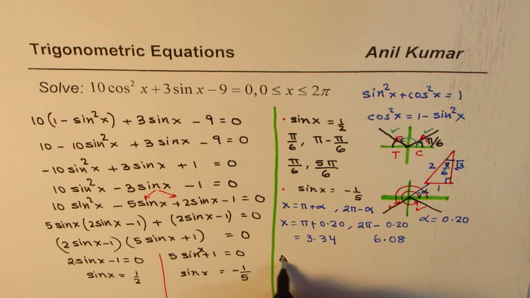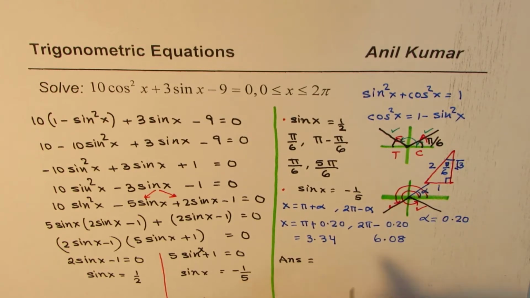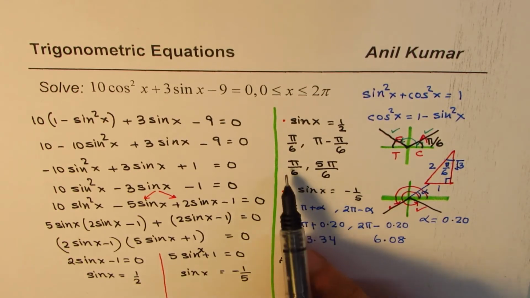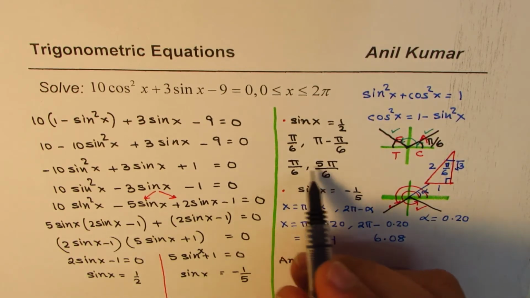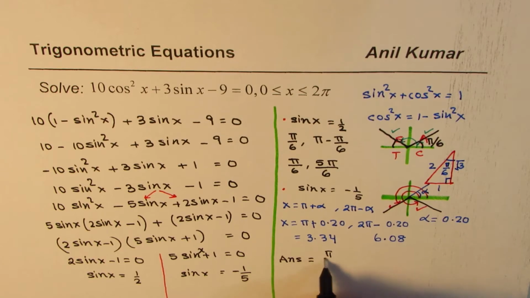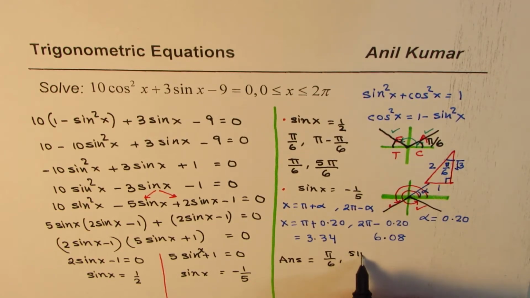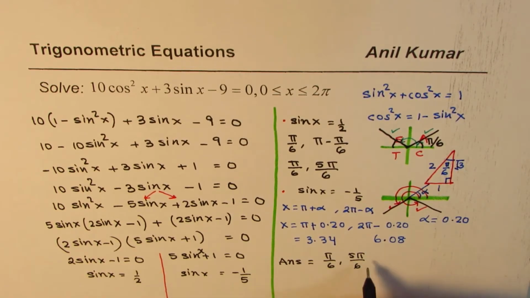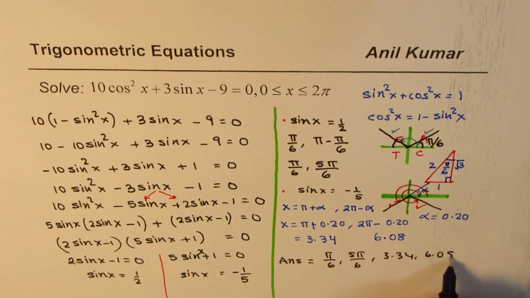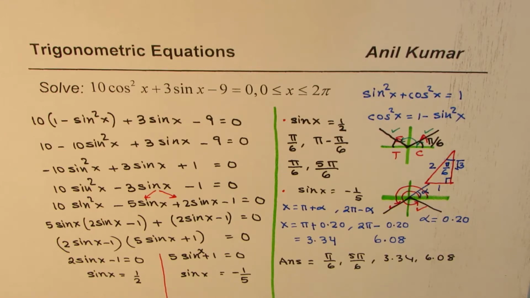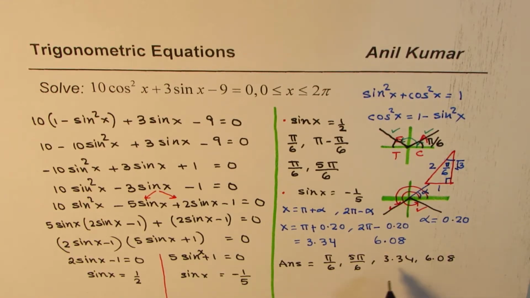The answers will be, so we can write, actually you could write all this in, because we got some in decimals anyway. Now let me keep them in exact form. Pi by 6, 5 pi by 6, this is from that one, and here we have 3.34, 6.08. However, it is preferred to write all of them in either exact form or decimal, right? So you can actually write them all in decimal form in your answer.